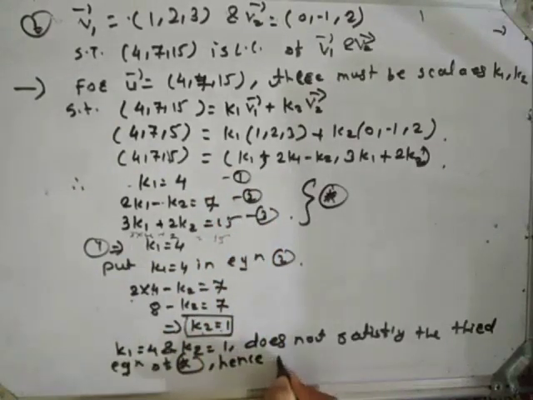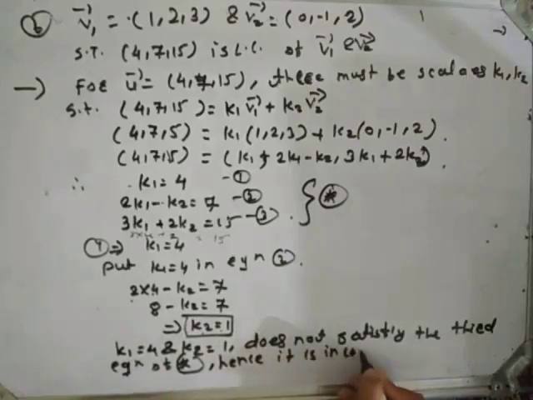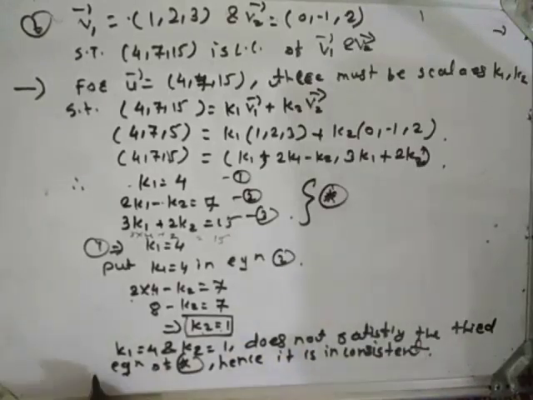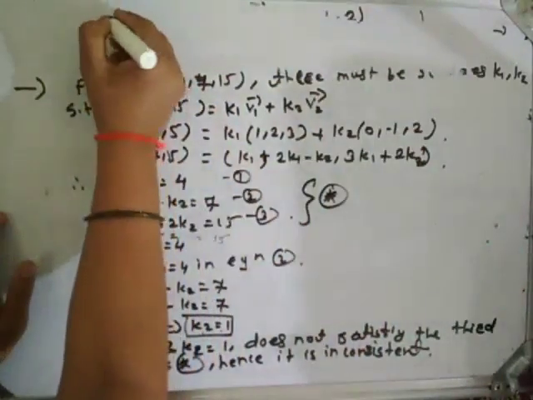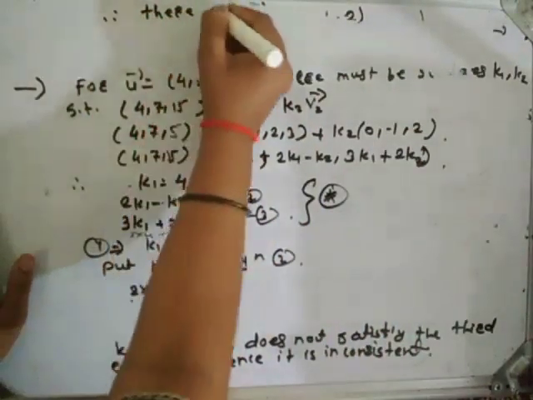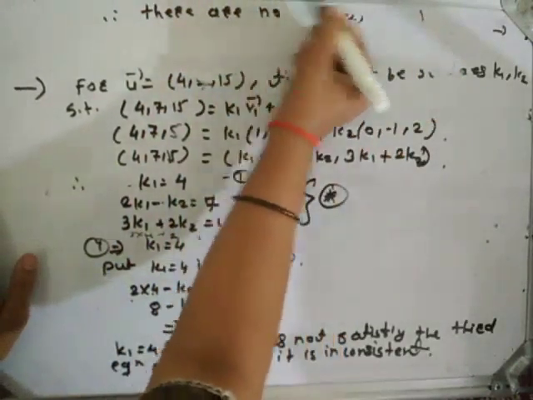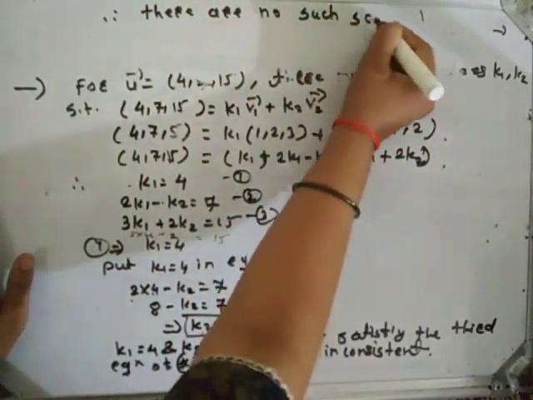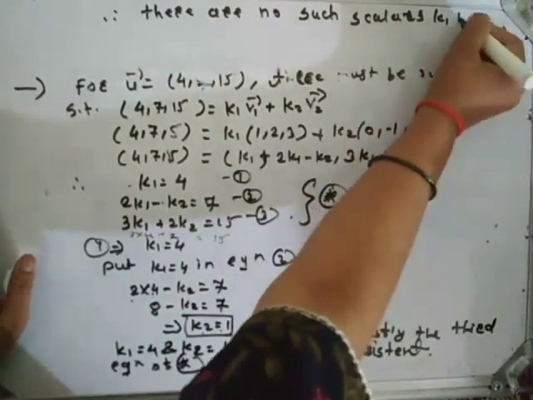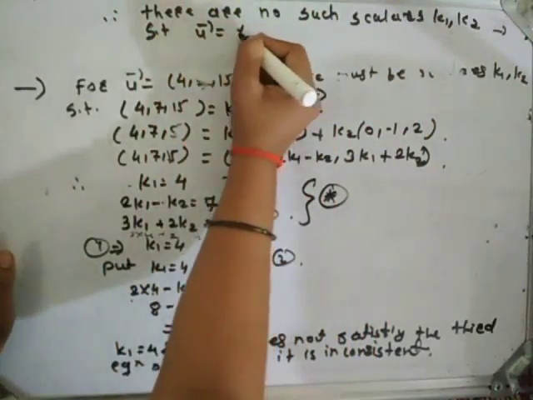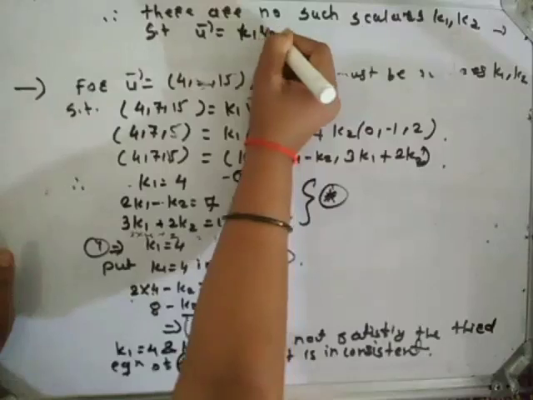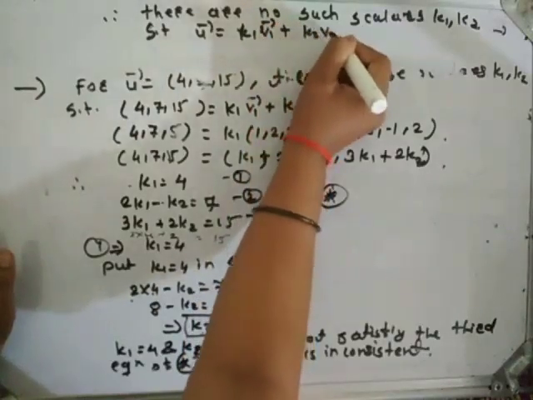Therefore there are no such scalars k1, k2 such that u bar can be written as k1 v1 bar plus k2 v2 bar.